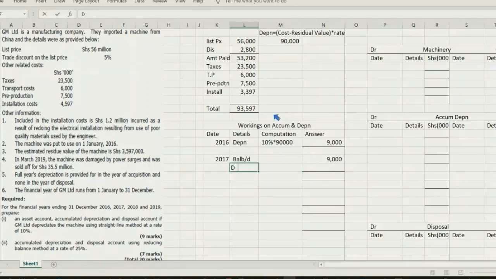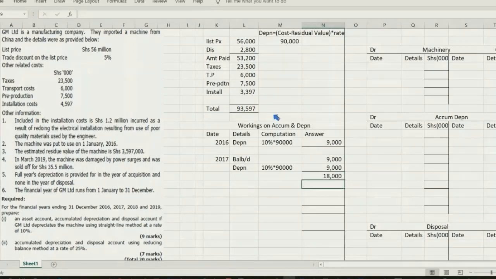And then we'll compute depreciation. We'll have to find 10% of the 90,000. And when you total up, we'll have a sum of about 18,000. So our new opening balance at the start of 2018 will be 18,000.